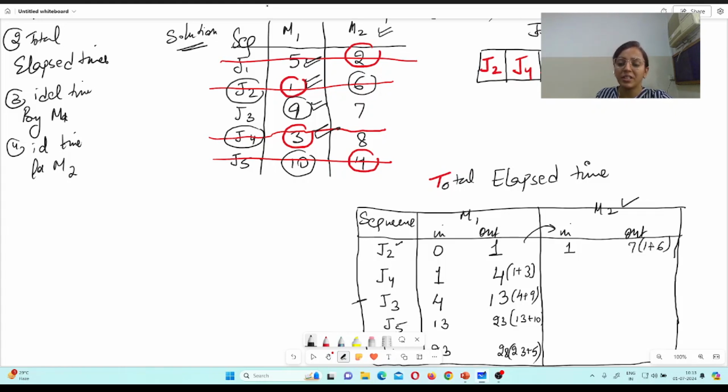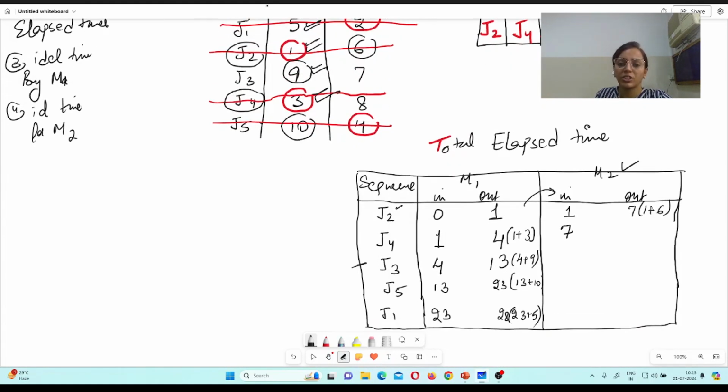J4 has completed its work at 4, but still machine 2 is working until 7. So we have to write it over here as 7. We have to start at 7. Now the J4 process time is 8. So 7 plus 8, that is 15. You can write it over here: 7 plus 8, that is 15.